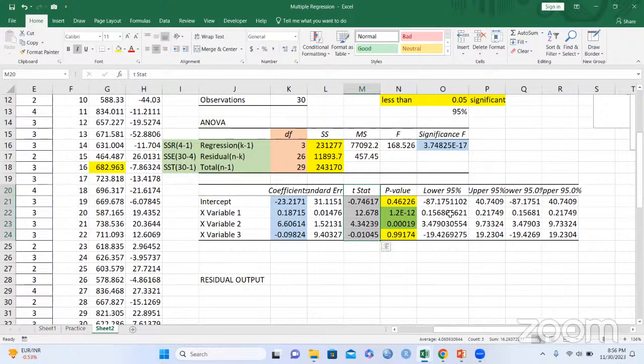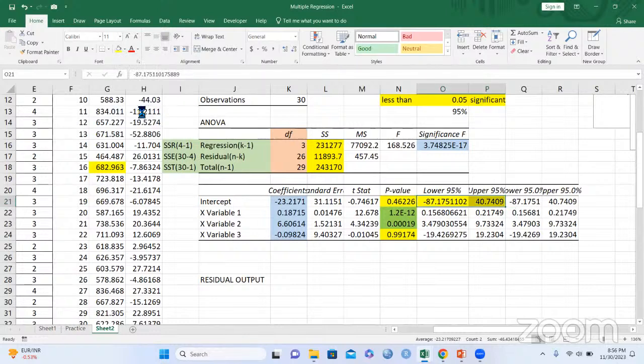And the second check whether it is correct or not: if you see this particular value, intercept, there is something called lower and upper values. You can see this, right? Lower is minus 87, upper is 40.70. In these two values, can you find in between any zero?